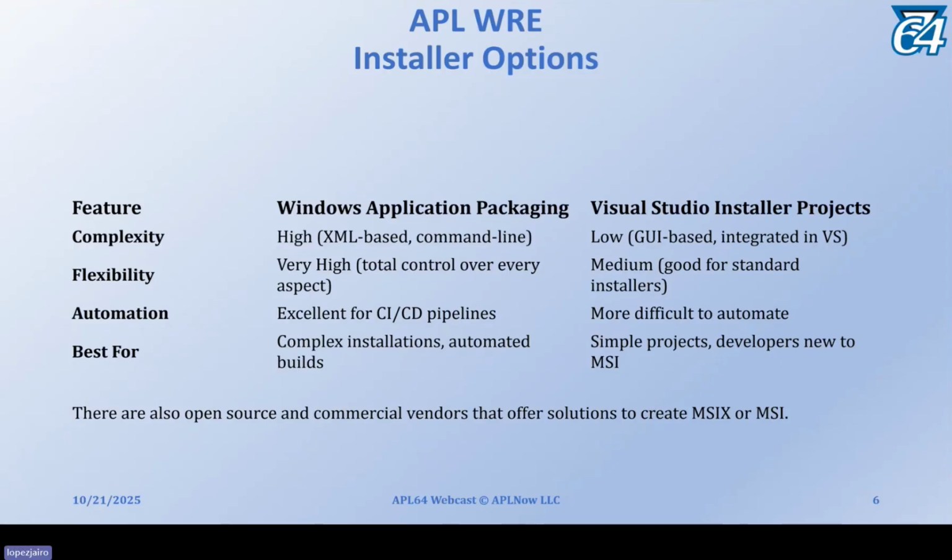I will be showing how to create an MSIX. The other one is like 20 years old, the MSI packages and exe packages everybody knows. It's just installer packages. So it's how you can create an installer package using the files you created on APL64 to distribute your application, or how you can create an MSIX package to distribute your applications.